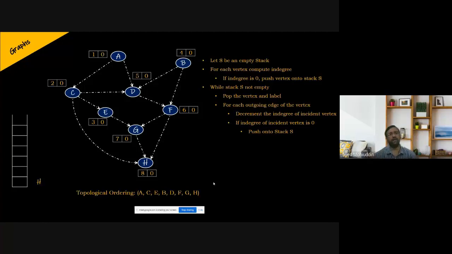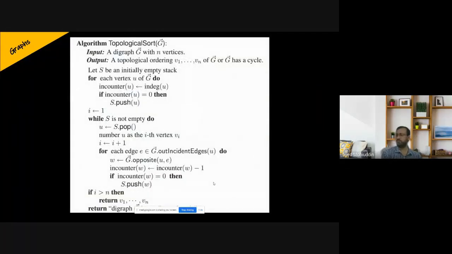A graph may have different topological orderings, but the only thing we have to remember is that for each edge from Vi to Vj, i should be less than j, for every vertex and every edge. So this is what topological ordering is, and we take help of a stack to perform this operation. Now let us look at the algorithm.